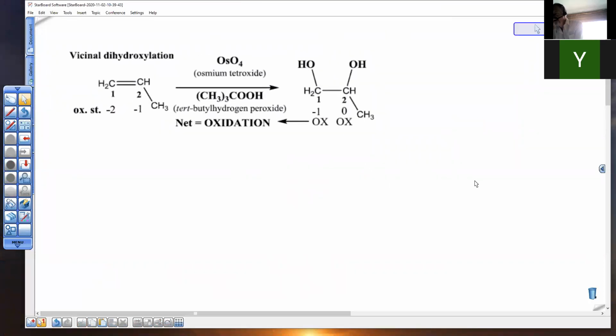And what we have is a molecule OsO4, and it looks like this. Now, lowercase versus uppercase is very important here. That is not the same thing.